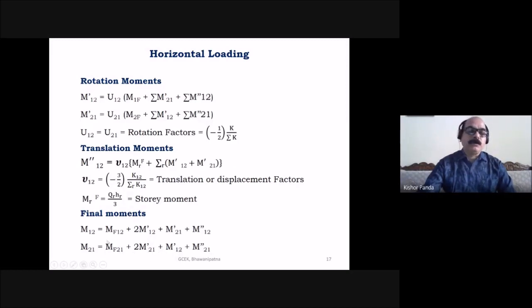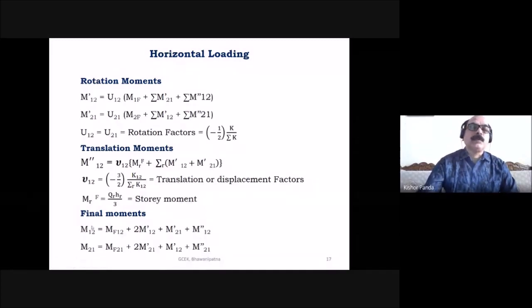So this is the fixed end moment of the end of the member. This is the near end rotation moment, twice near end and once far end, and this is the translation moment. This is only for the vertical member. You have to use this when you find out the moment for the vertical member, the column.